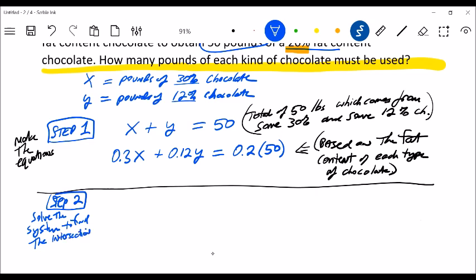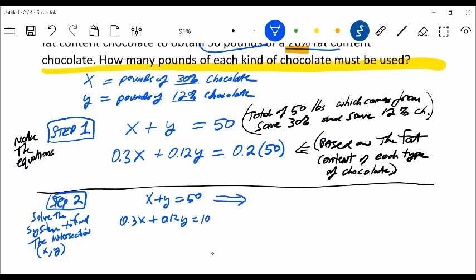And the intersection will be an X and a Y, and it will be the X and Y that we need for the amounts of each type of chocolate. Okay, so we have X plus Y is equal to 50, and 0.3x plus 0.12y is equal to 0.2 times 50, which is 10. So we'll leave it with a 10.